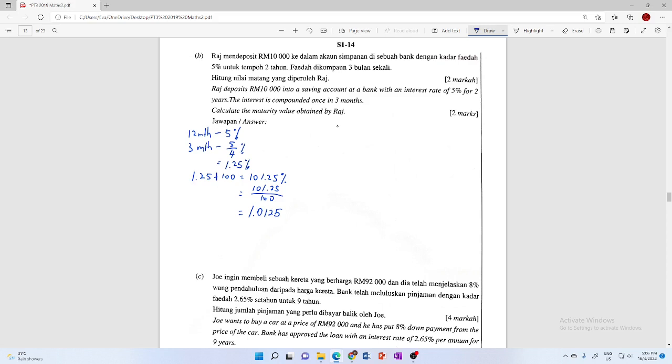For this, we have original 10,000 ringgit. So after 3 months, you'll get this value. So for this 10,000 ringgit, you need to multiply 1.0125. So this is the 101.25%.